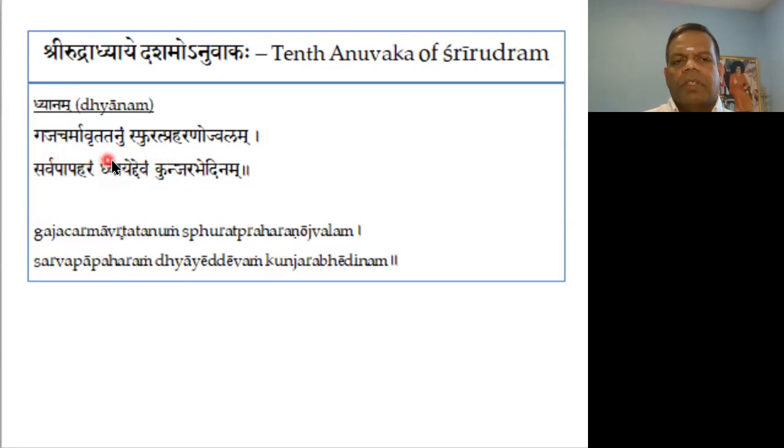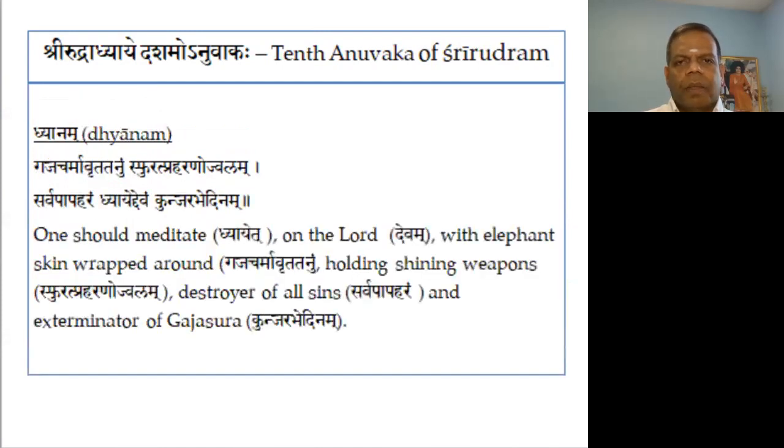Gaja Charmavritatanum Spurat Praharanojwalam Sarva Papaharam Dhyayet Devam Kunjara Bhedinam. You look at the meaning.